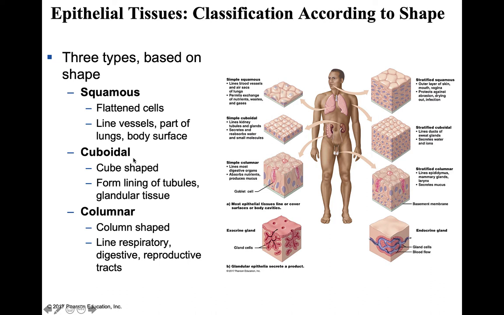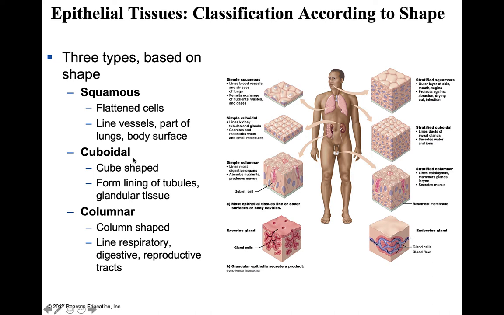Now, when we look at how we classify epithelial tissues, there are 2 levels of classification. One is on shape, and the other is on layers. When you see a flat cell, and that's a liner, that's squamous. When you did the cheek cell activity, if you took the lab last week, that's really what you were looking at. You're looking at these squamous cells.